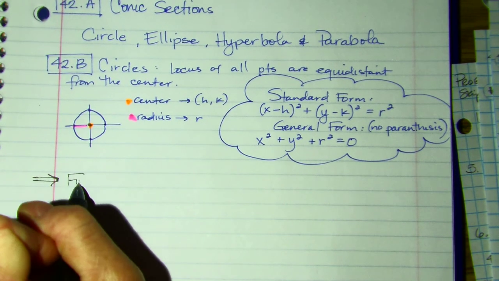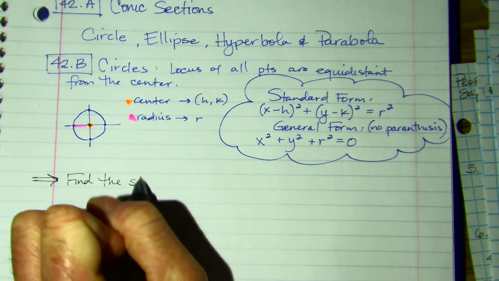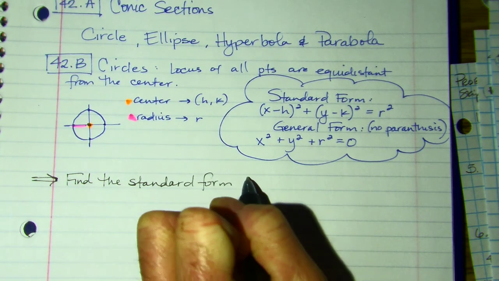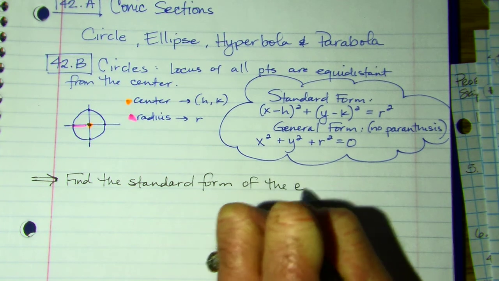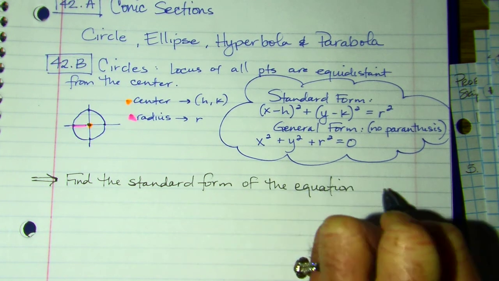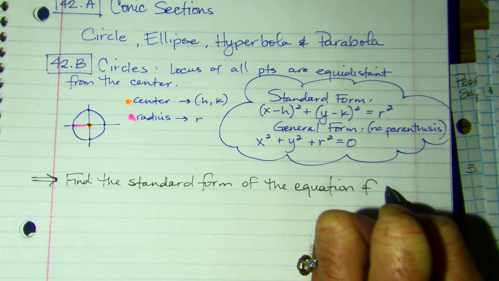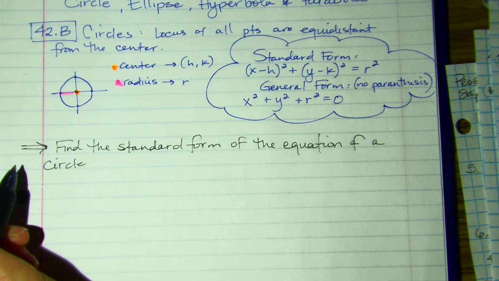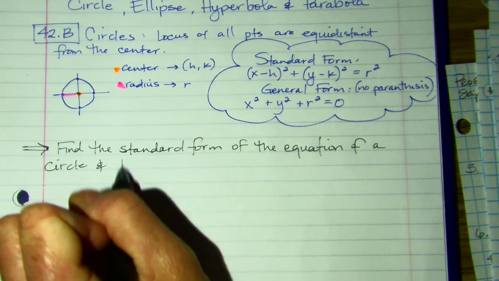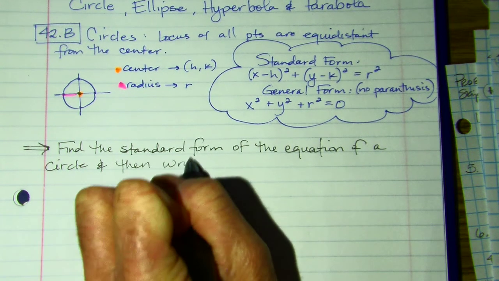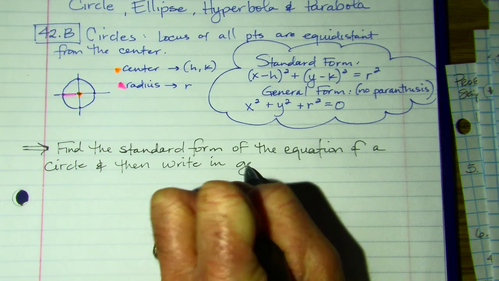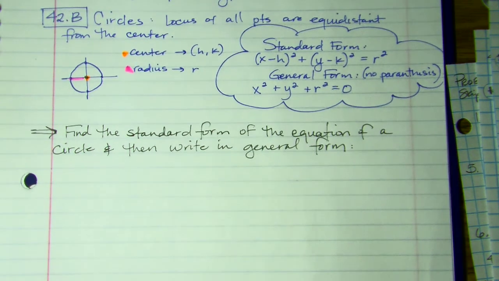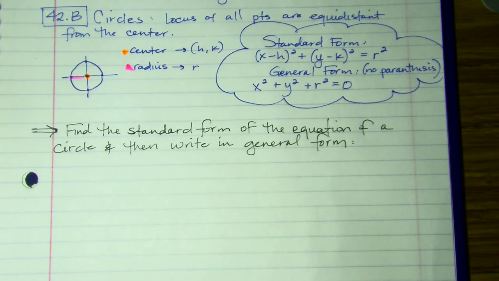So find the standard form of an equation of a circle and then write in general form. Now, I don't like to write, because this is math, I don't like to write directions over and over and over. So we're going to do that for every example that we do together.